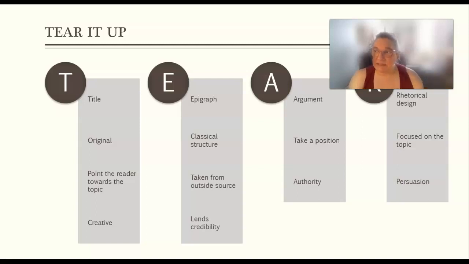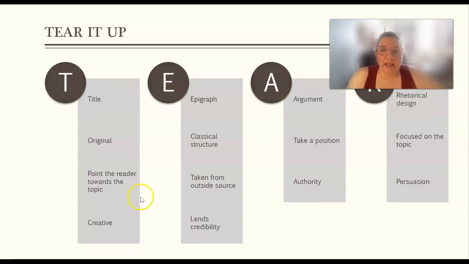So what's implicit in that is that you think that arguing that an education is a good thing. I'm assuming that since you're in college, that you think that getting a college education is a good thing. So your title should reflect that somehow. So notice that it should be original, and it should point the reader towards the topic, and it should be creative. So if I say something like, how people become vegan to save the world, you know the paper is going to be about that. So it's not essay 2, it's the title.